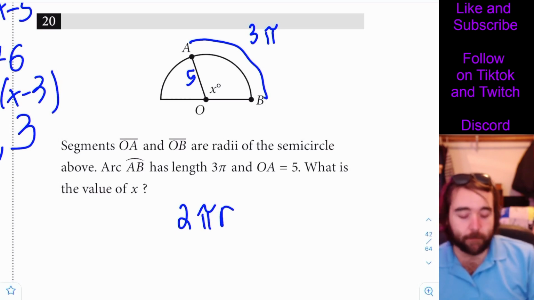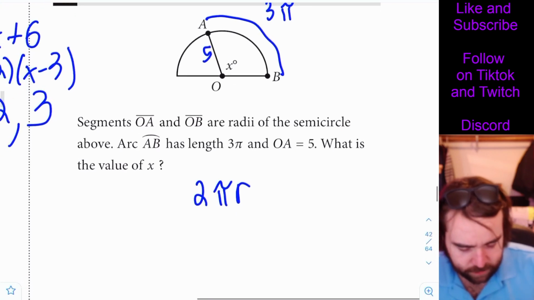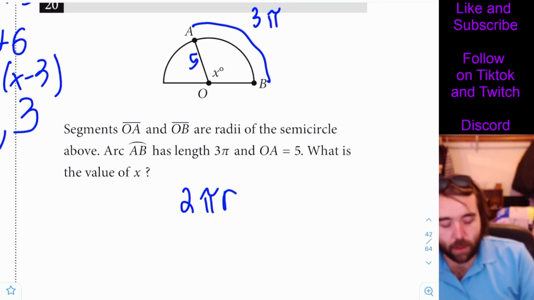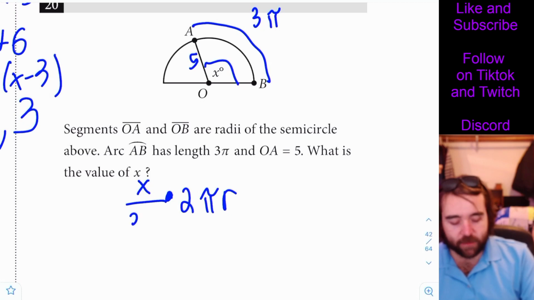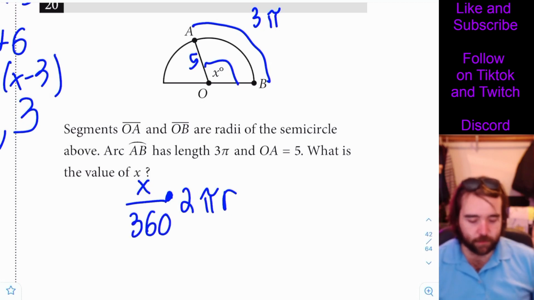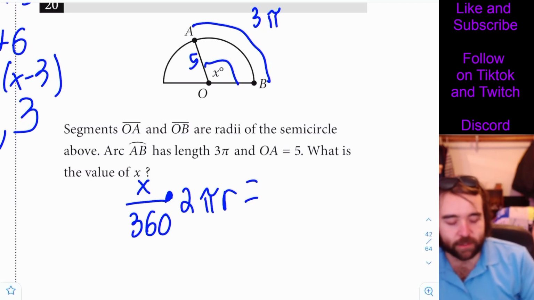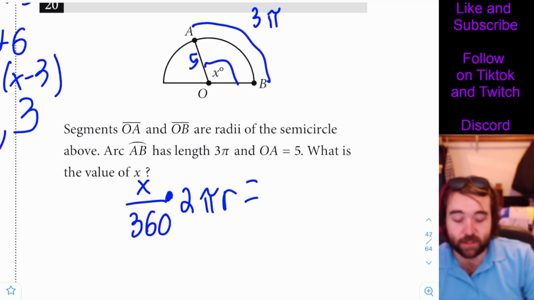If we multiply it by the fraction of the circle we want, i.e. x, because that's the angle we care about, out of the entire 360 degrees of the circle, that fraction multiplied by the entire circumference will get us the length of the arc that we care about, which in this case is 3 pi.